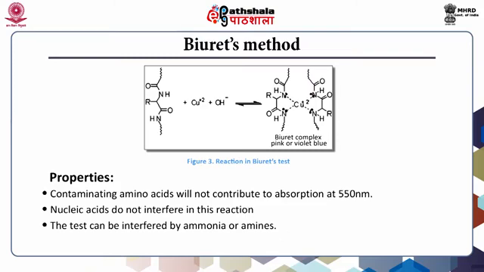Thus, false positive results can be obtained if ammonium sulfate salt or tris hydroxymethylaminomethane salts are present in the sample. Another issue is that this method requires a high concentration of protein, in the range of 5 to 160 milligram per milliliter.